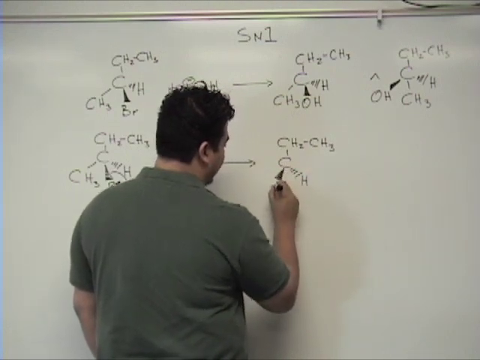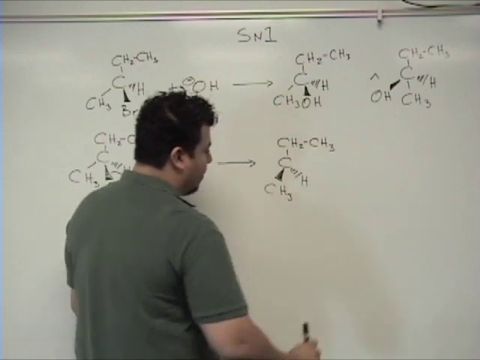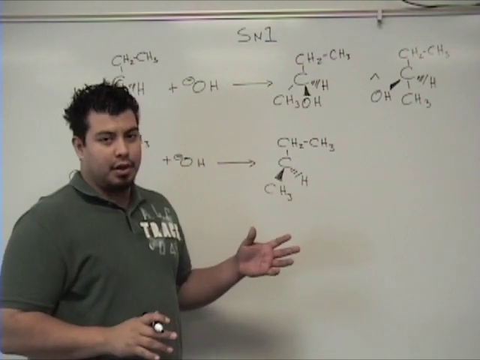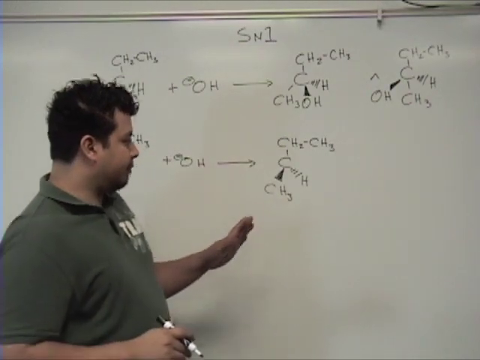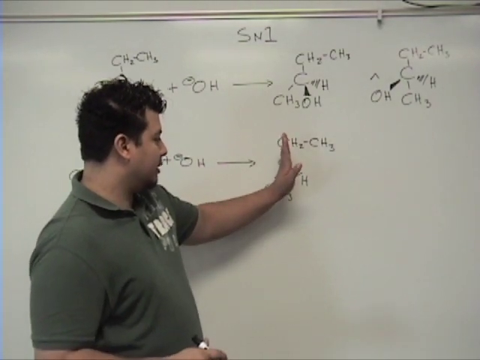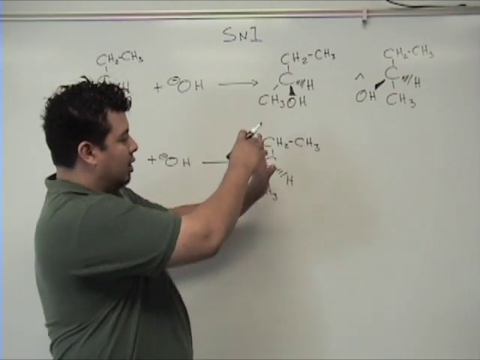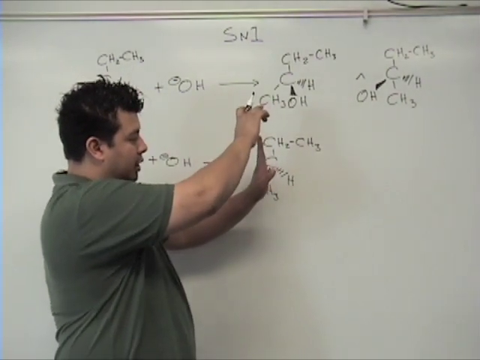And my CH3 here. Now, what I want you to picture is this carbon in 3 dimensions. The carbon is standing like this. It is trigonal planar, so it is in one plane. You have your ethyl group on the top.